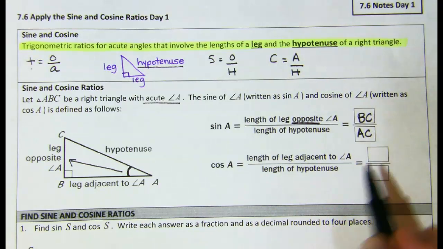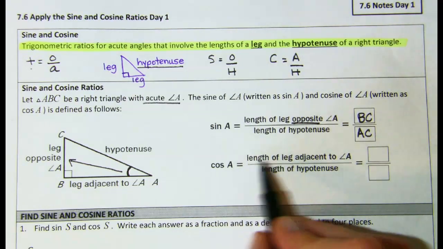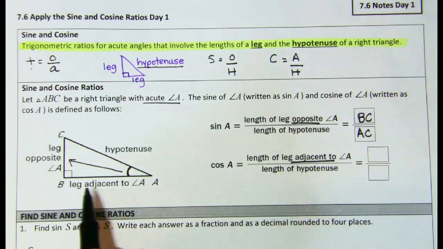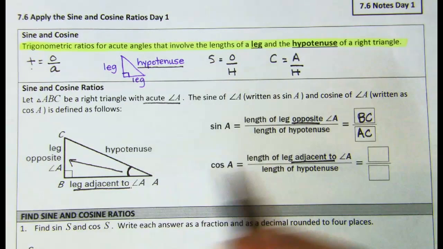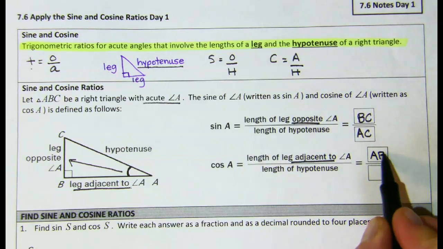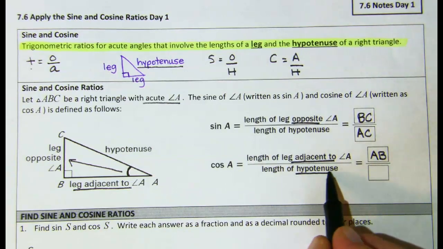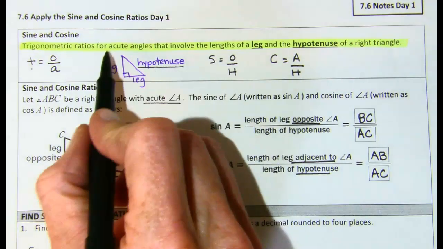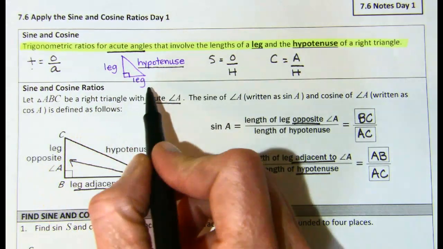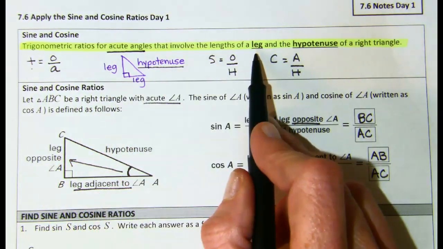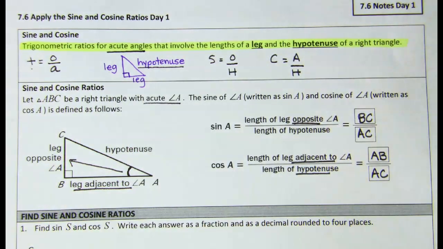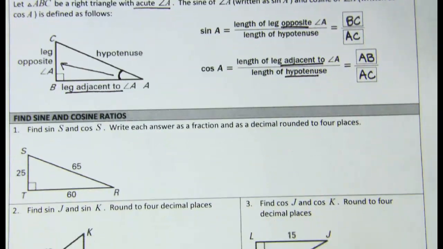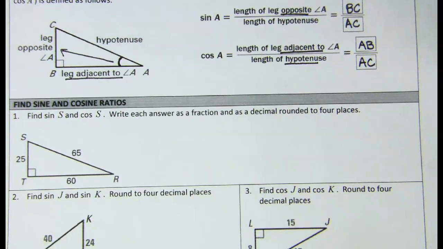Now cosine is the length of the adjacent leg over the hypotenuse, so here's the adjacent to A, which is AB, and the hypotenuse is AC. So these two trigonometric ratios only work for the acute angles in the right triangle, and they use the legs and the hypotenuse.